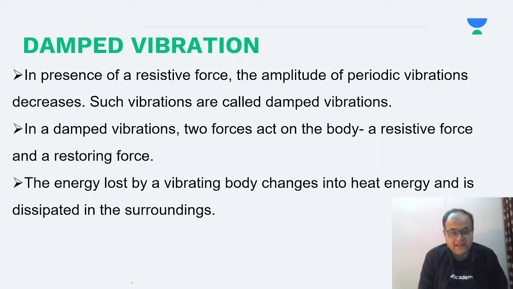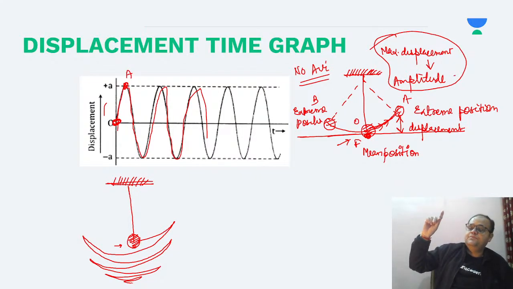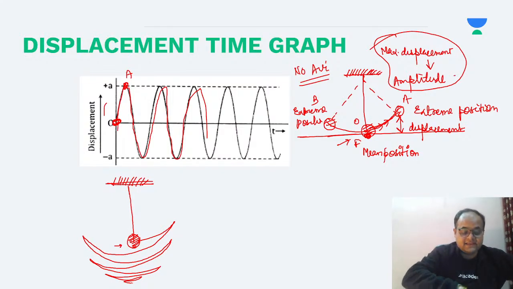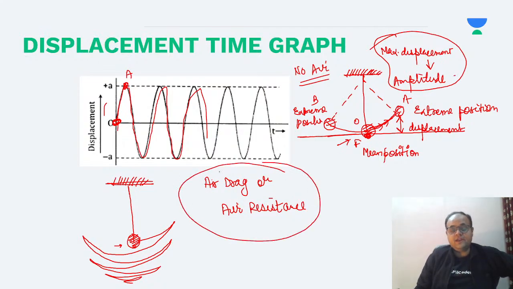Every time the bob moves to the extreme position and tries to return back, it has to face air drag, or air resistance.